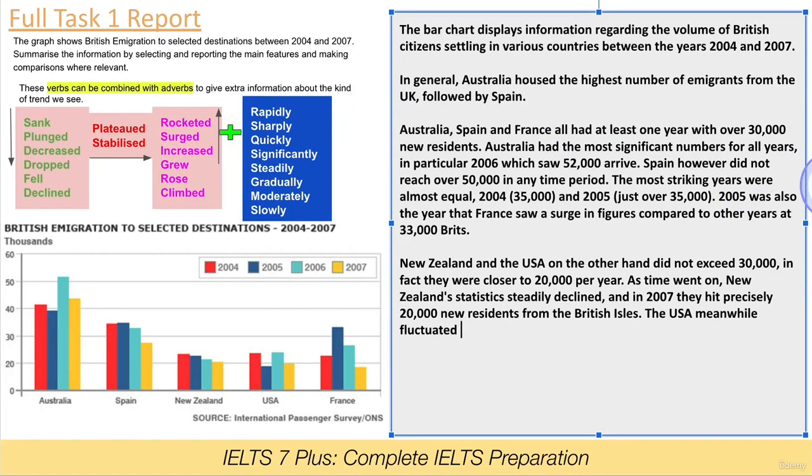The USA fluctuated in figures, with 2004 and 2006 having a notably similar volume, approximately about 24,000.